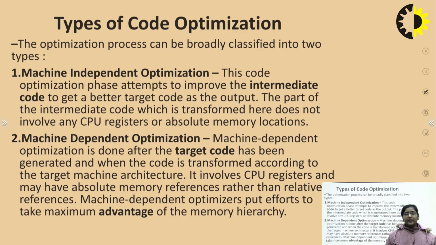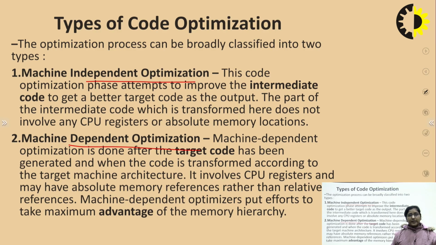Now, what are the various types of code optimization techniques? Code optimization techniques are broadly classified into two types. First, machine independent optimization, and second, machine dependent optimization. Let's see these one by one.